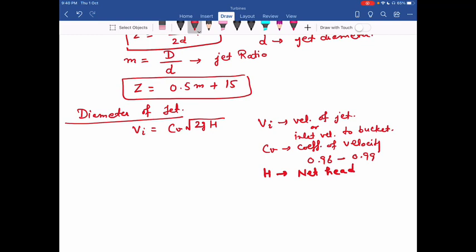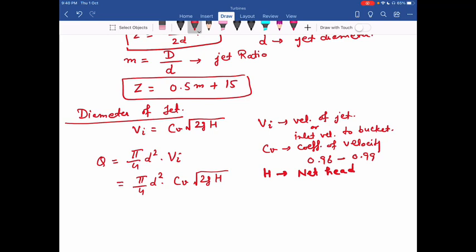Now further, the discharge through the nozzle I can write as Q is equal to cross-sectional area pi by 4 d square into Vi. Now further, I write it as pi by 4 d square into Cv under root of 2gh.